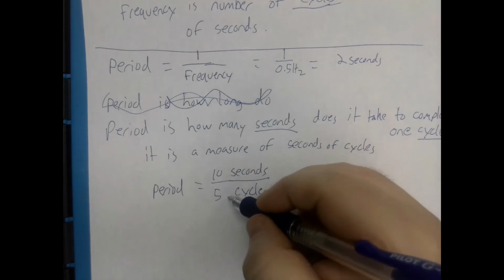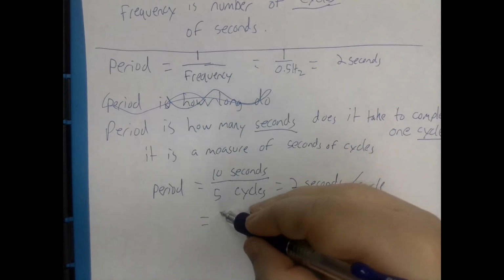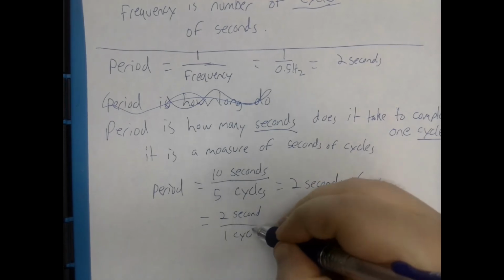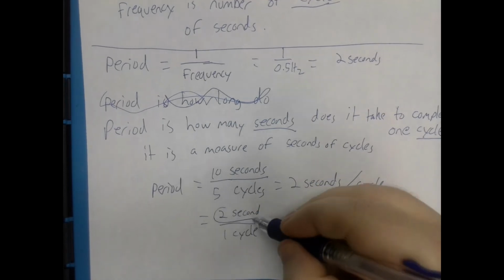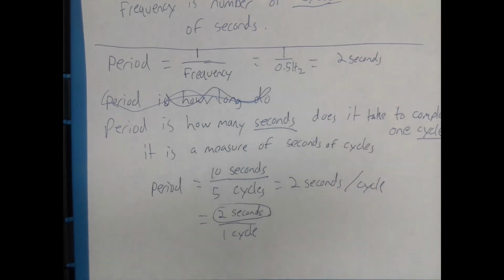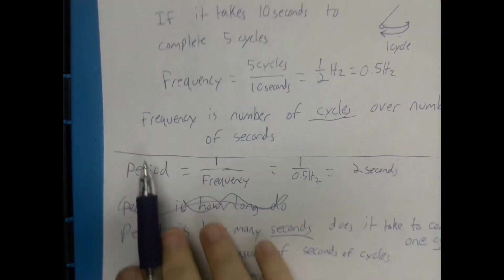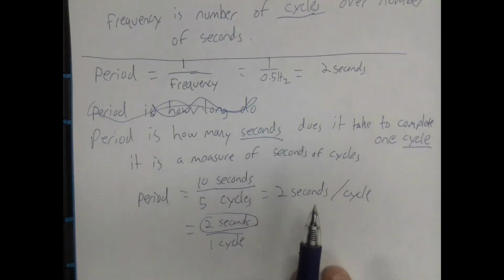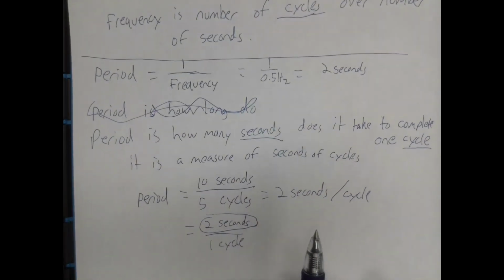So 10 seconds over 5 is equal to 2 seconds per 1 cycle. So the period is 2 seconds. Or we could just use the fact that period is 1 divided by frequency. Does that clear things up?